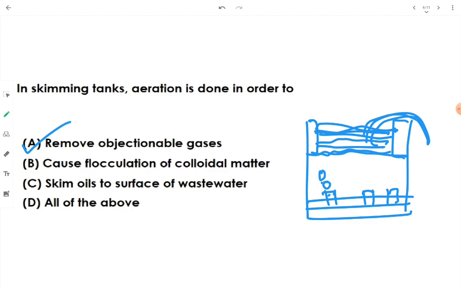Then they skim oils to the surface of wastewater. All the oils are taken in upward direction by the air bubbles. These are the functions of diffuse aeration in a skimming tank. That's why A is right, B is right, C is right. We will tick option D, all of the above.